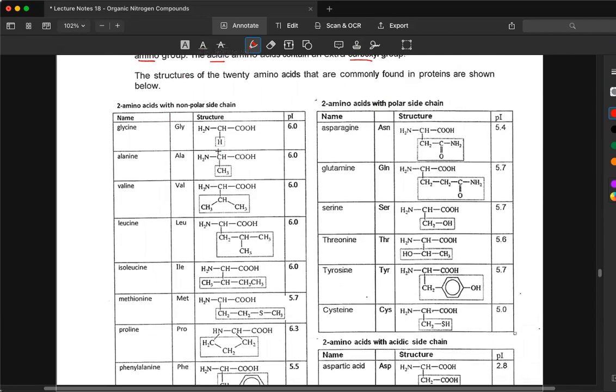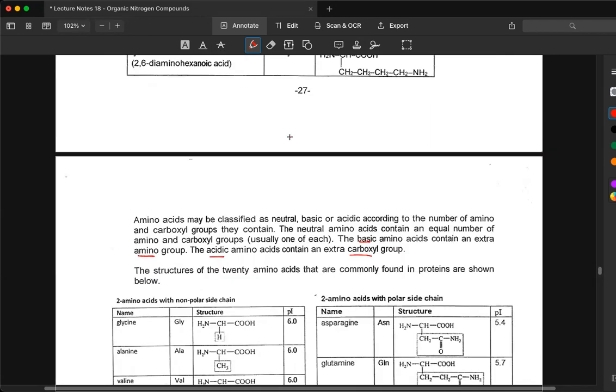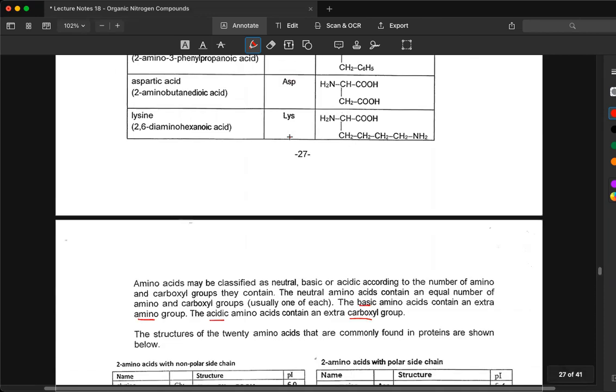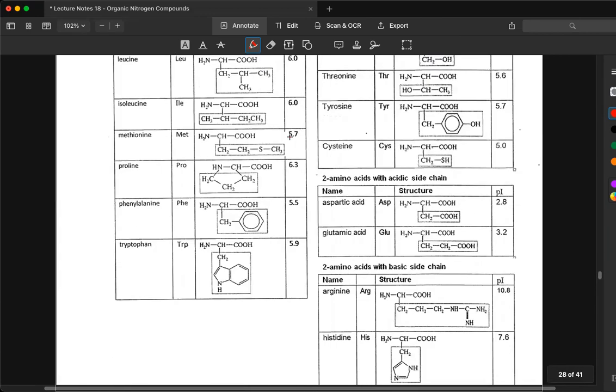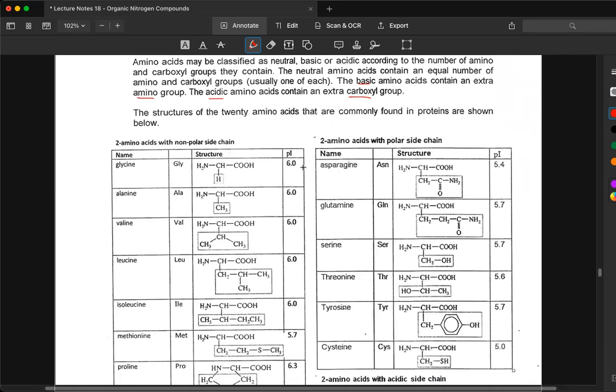Glycine, the PI is about 6, largely because there is one carboxyl group and one amino group.